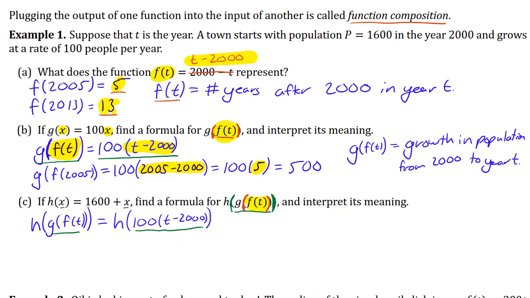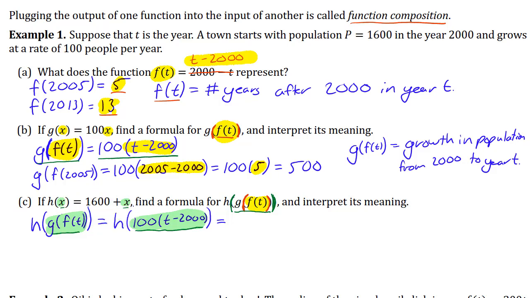Okay, now that is now going to become the input. This whole thing here that I'm going to highlight in green is now the input in place of x. So the formula tells you, what does the function h do? It takes the input and does 1600 plus that input.